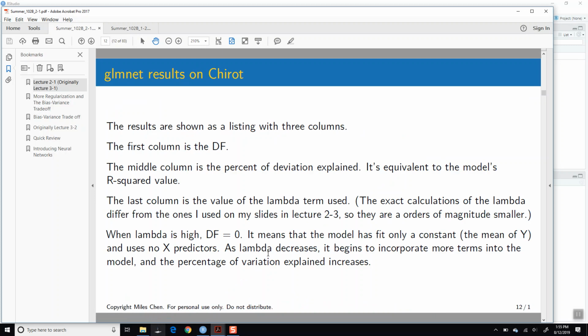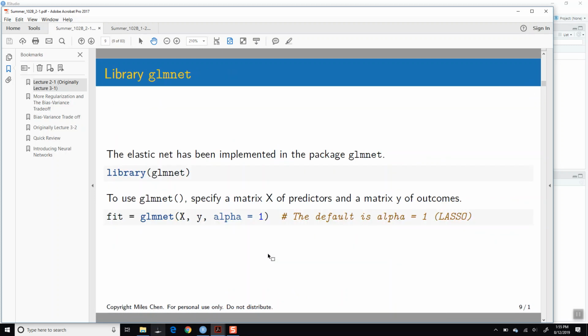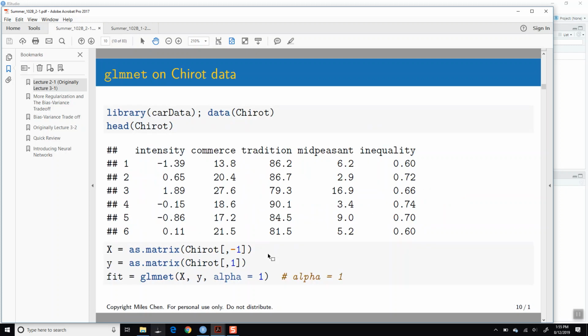This is mostly just code if you wanted to use either lasso or ridge regression in R. On the previous slides, I did lasso and ridge regression in a manual way where I'm using optim and stuff like that, and you would not do this in real life, okay? glmnet is a tried and tested package that implements this very well.